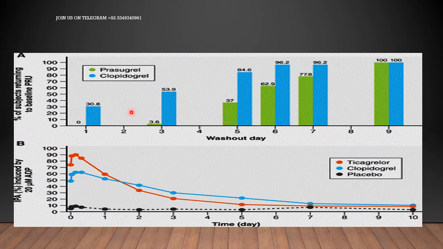So we can see that this is more for PRASUGREL. We can see here the washout days, and CLOPIDOGREL still is there. And this is the offset of inhibition of platelet aggregation on TICAGRELOR, CLOPIDOGREL and placebo. So we can see that there is quite a bit of difference between the two agents.